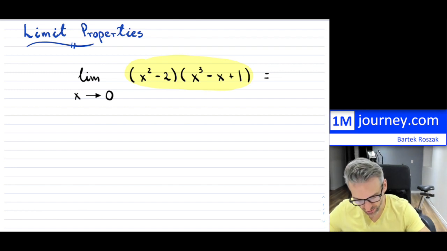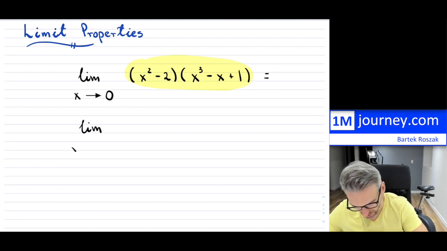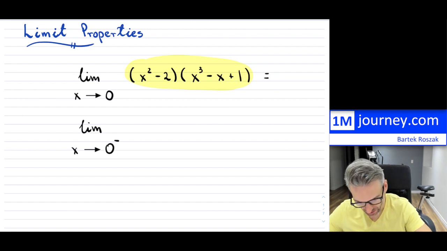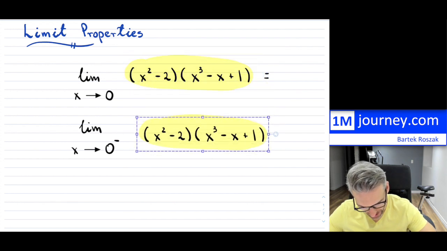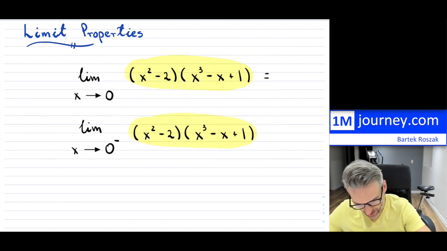And that process would be basically repeating, so this would have been limit as x is approaching 0, except this would have been, let's say, from the left hand side of this.